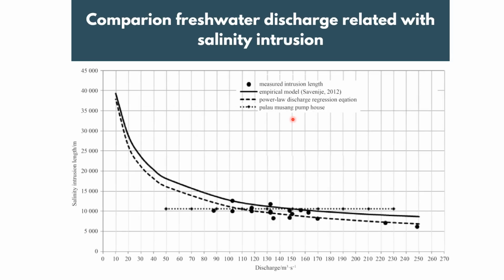And other than that, the study also observed a comparison of the freshwater discharge related to the salinity distribution. So basically, they tried looking at, if you have much more freshwater discharge, how much salt water we get inside of the river or the estuary itself. And as we can see here, the dash line shows the discharge regressions.